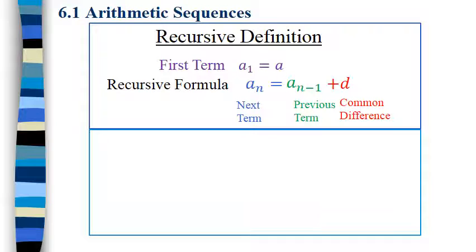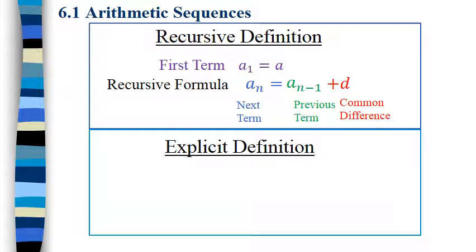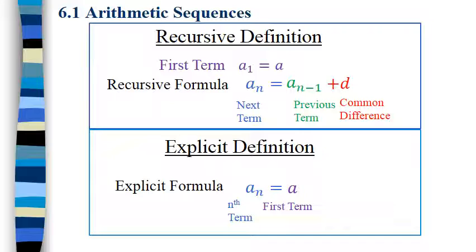Okay, so we talked about the recursive definition. The explicit definition has something to do with the fact that when we graph it, we are looking at a linear function. In fact, the explicit definition depends on the fact that to get to the nth term, you can use the first term and go up that common difference as many times as you want.